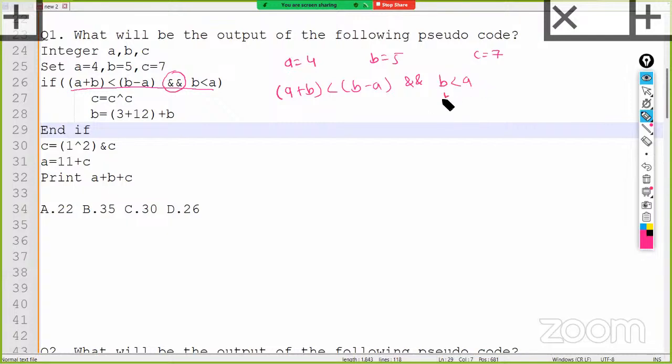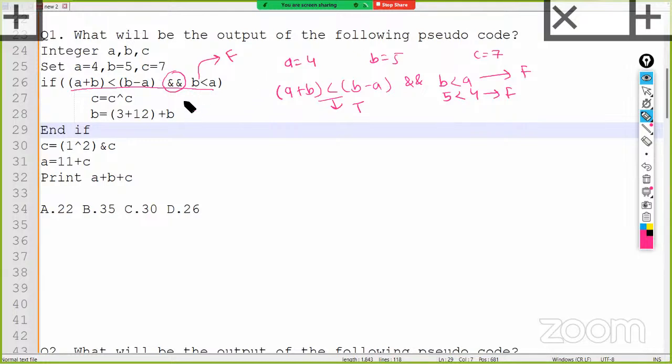The value of b is 5 and the value of a is 4, so 5 is less than 4. The condition becomes false. Whether the other condition is true or false, the output of the entire condition will be false. So my effort of calculating the other condition was left out, and I know this condition results in false.